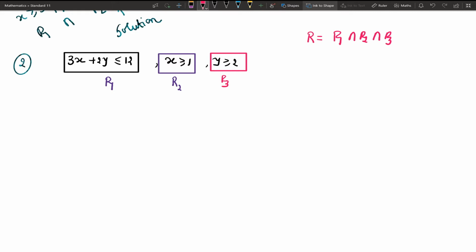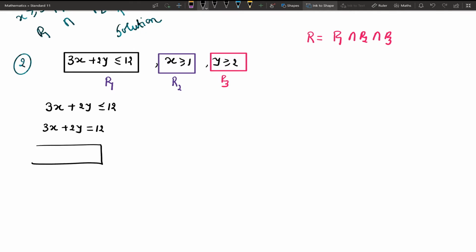So now first let us find R1. For R1 we have the inequality, or you can consider it an inequation, 3x plus 2y less than or equal to 12. As usual, first remove the inequation and get the equation, that is 3x plus 2y equal to 12.